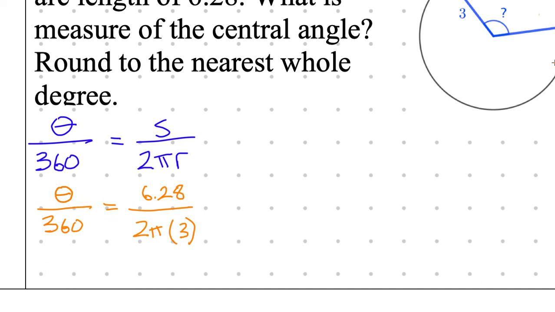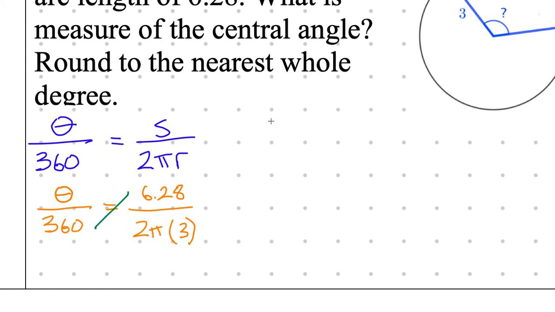What am I going to do? My next step. What should I do? What do I do when I have a fraction equal to a fraction? How do I solve? Oh, you cross multiply. Do that for us.